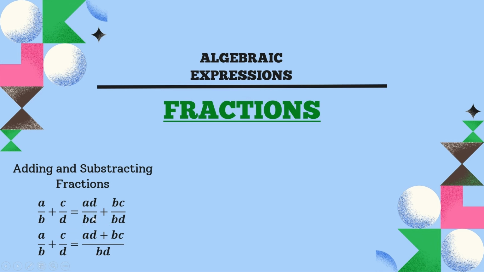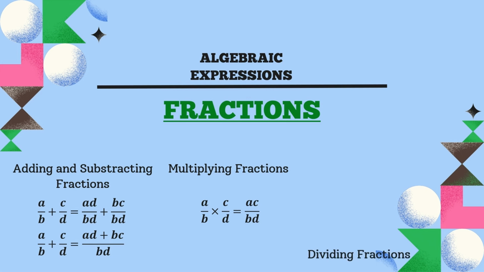Only same denominator fractions can be added or subtracted. Next, in multiplying fractions, we need to recall that the numerators are multiplied and the denominators are multiplied. So basically, the upper side times each other and the lower side times each other.